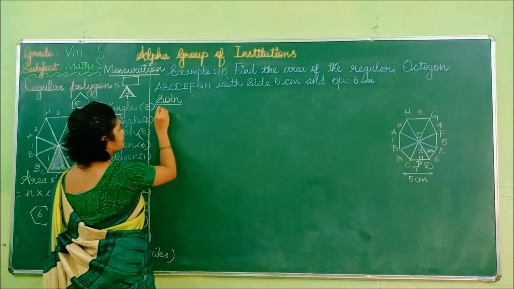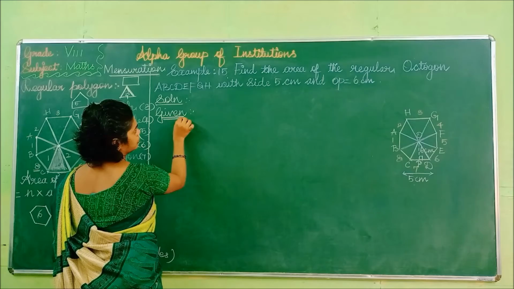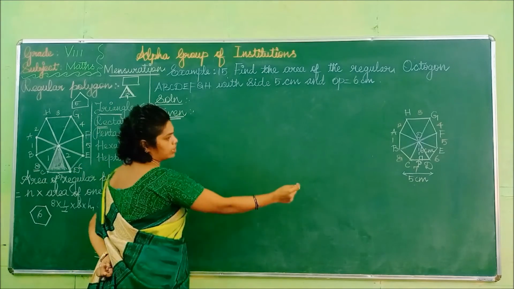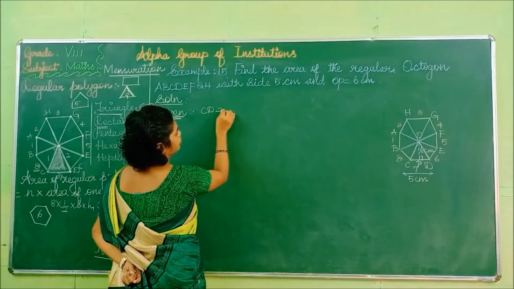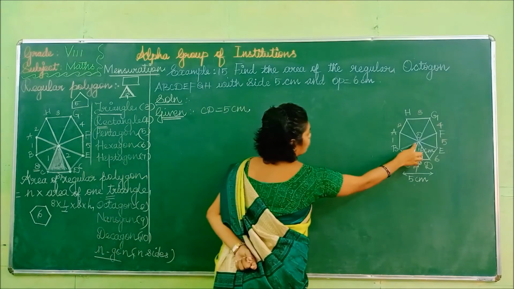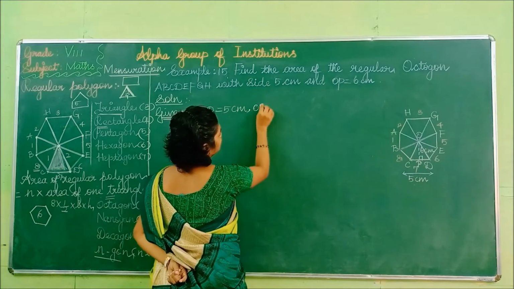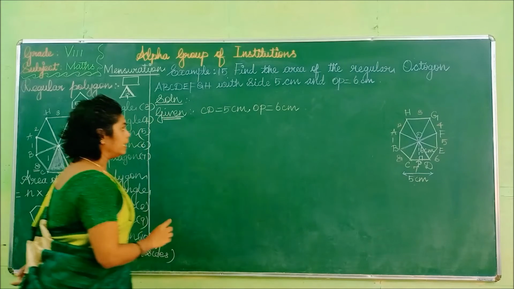Now write the given. What is the side? CD is the side. CD is equal to 5 cm. And then one more, OP, which is equal to 6 cm. What is the formula for the regular octagon?